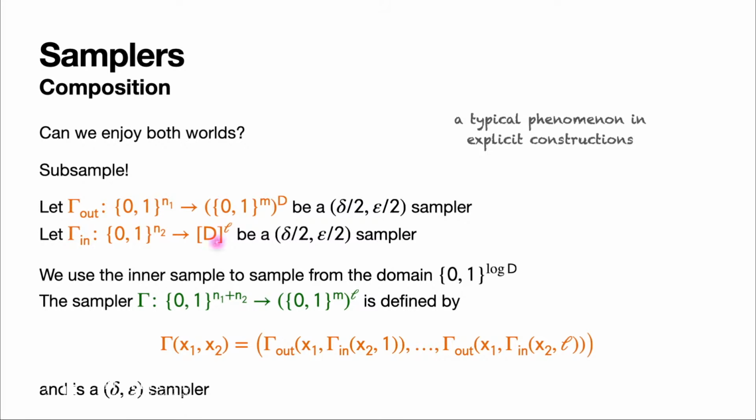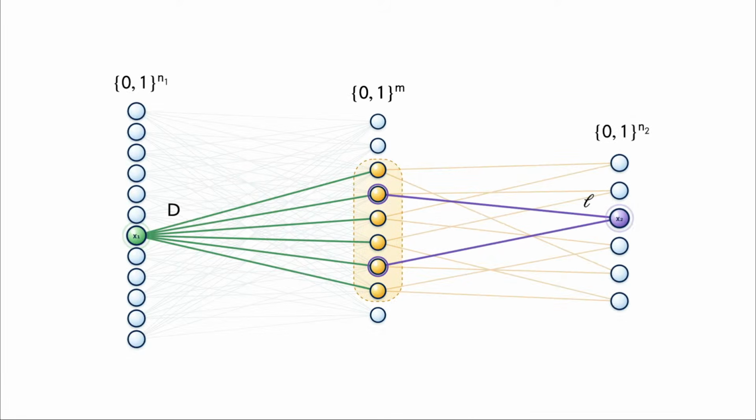And before you even try to parse this, let's just see a picture. So the way I use the two samplers is as follows. Here's the outer sampler between this guy and this guy. So I choose x1 here.